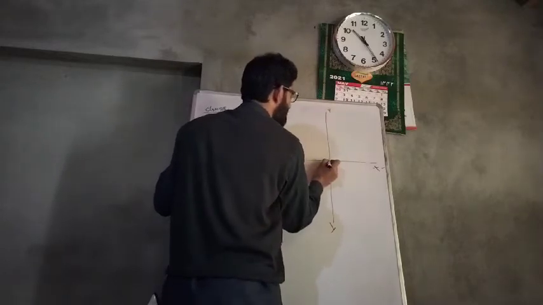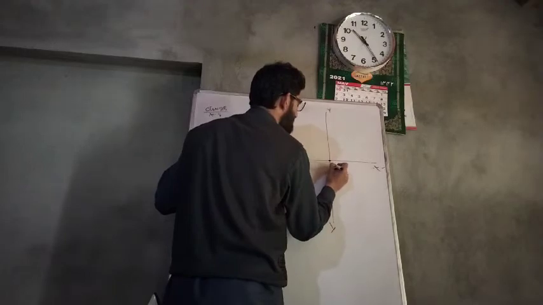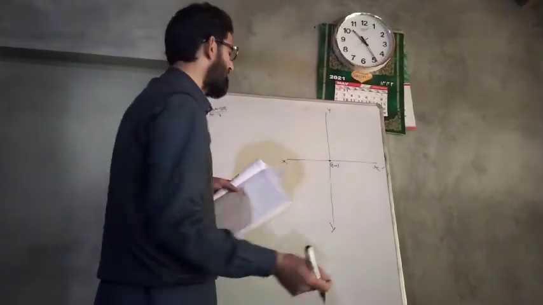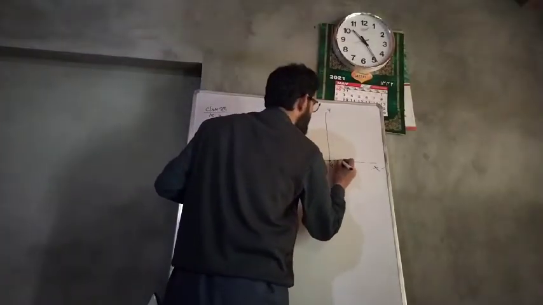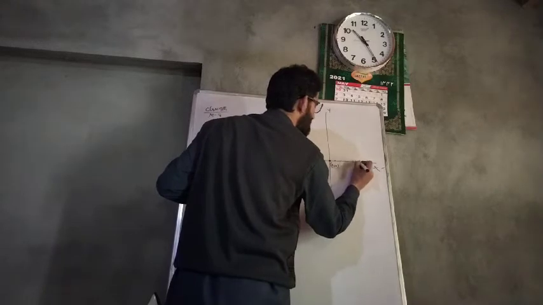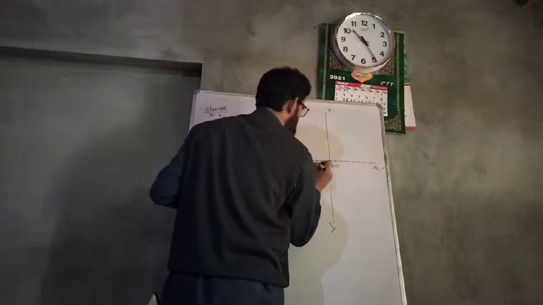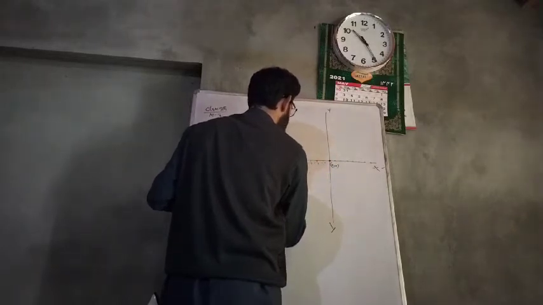And this is the point where the x-axis and y-axis intersect each other, and this is called the origin. Obviously x is 0 and y is 0. And 4 quadrants are formed, you know it. This is 1, 2, 3, 4, 5, 6, 7. This is -1, -2, -3, -4, -5, -6.